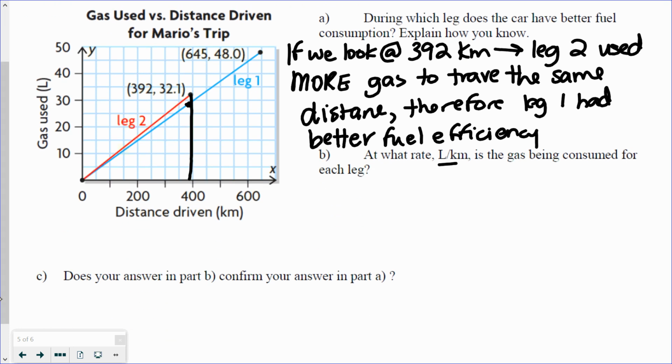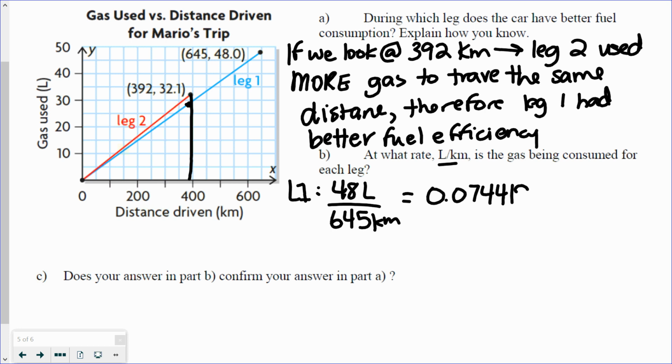So for leg 1, we want liters on top. Leg 1 took 48 liters to travel 645 kilometers. So 48 divided by 645 gets me 0.074419 liters per kilometer.